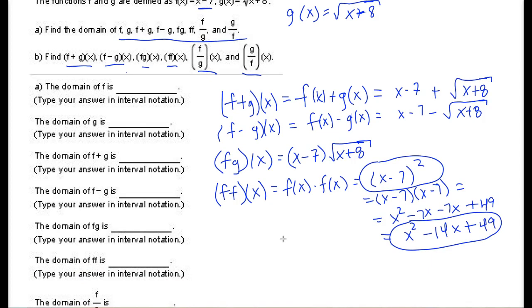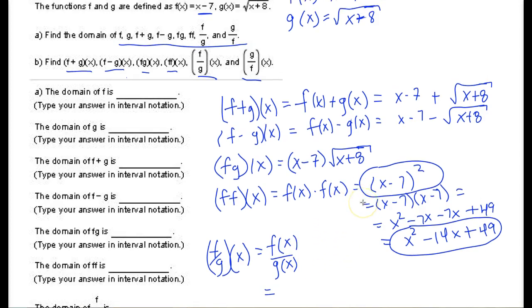All right, so now we also want to figure out what the quotient of these two functions would be. And of course here, if we do f first, so our function f is just x minus 7.